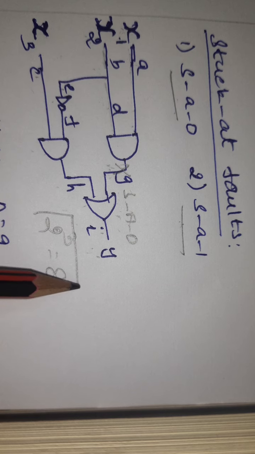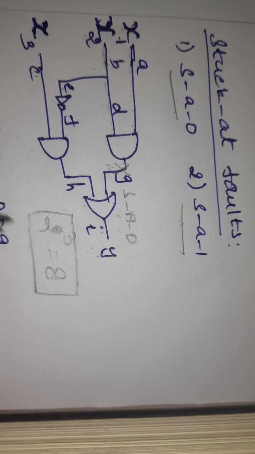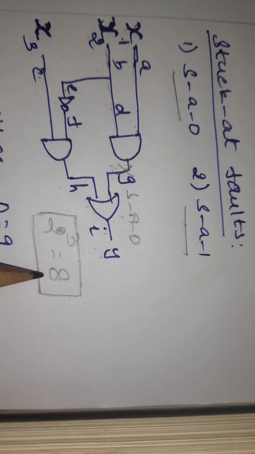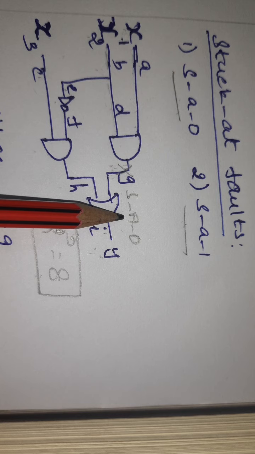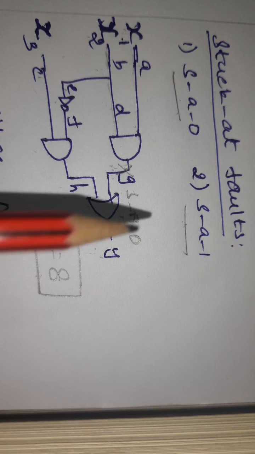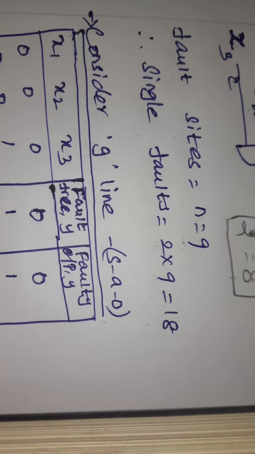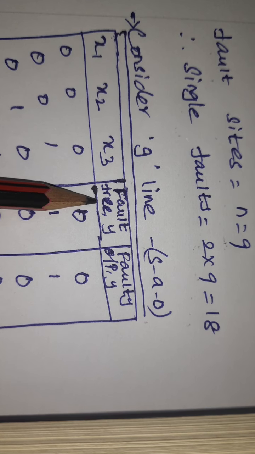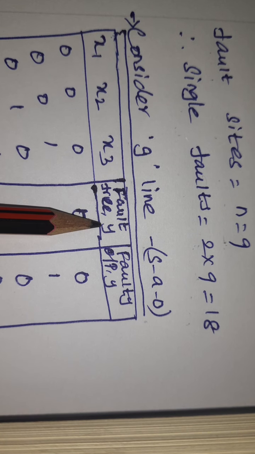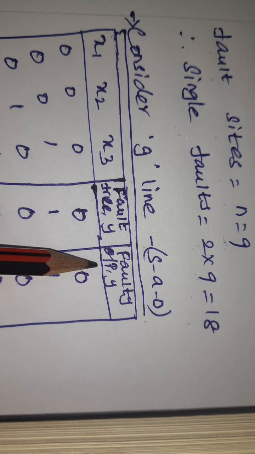This circuit has 8 combinations of inputs. From these combinations of inputs only, we are going to find this kind of fault. So first we are going to make the truth table of this circuit, that is the fault-free output and the faulty output of the circuit.